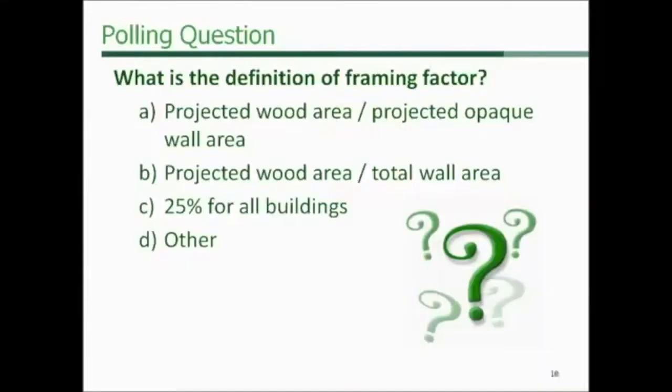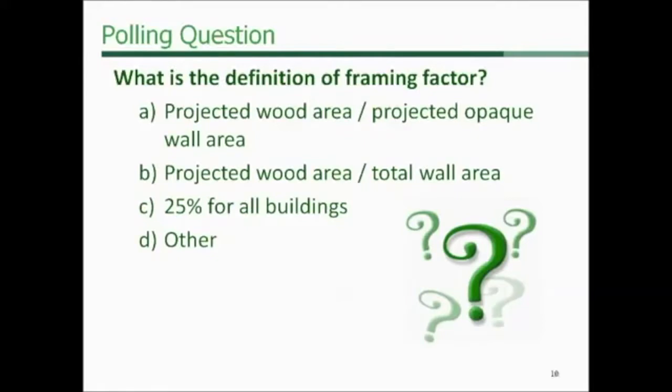All right, and okay. Lauren, tell us what the real answer is, please. So the real answer, according to ASHRAE, is A, because it's only about the opaque wall area. That's all they care about. If you do a ResNet or HERS index, something along those lines, then your definition is B. There's a difference between how ASHRAE defines it and how HERS or ResNet defines it.